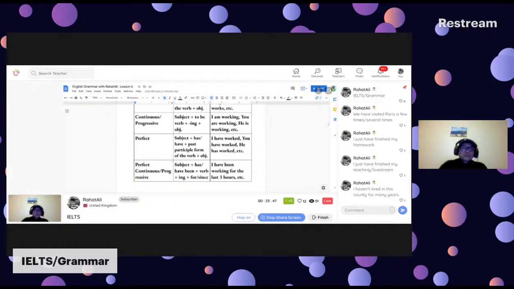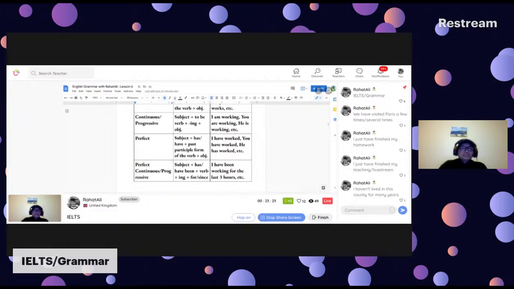Remember, if it is this week, this year, today, then we have to use present perfect tense rather than past indefinite. But if it is last year, last week, last month, last century, last decade, we have to use past tense. So you've got to be careful.